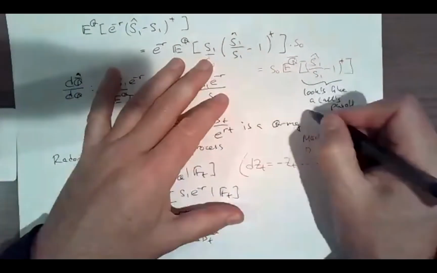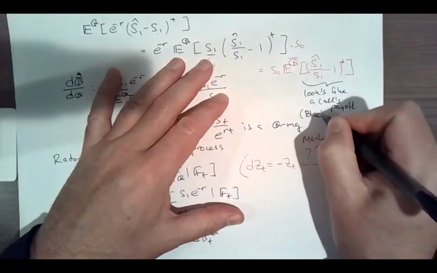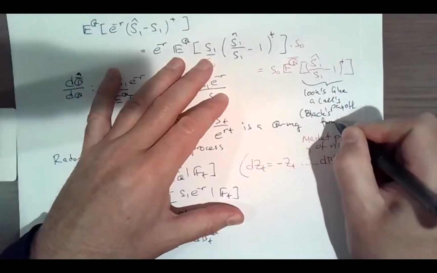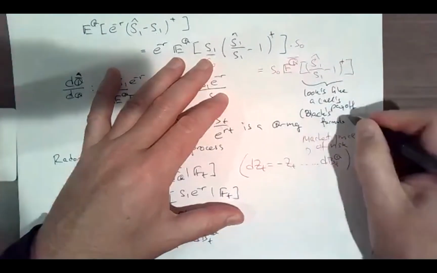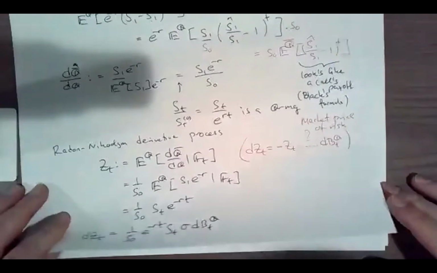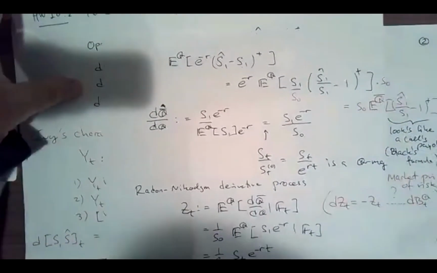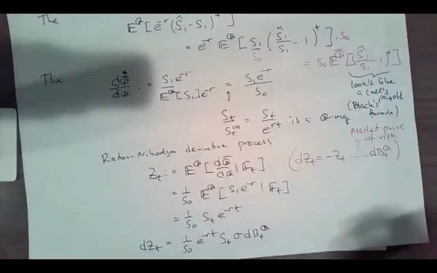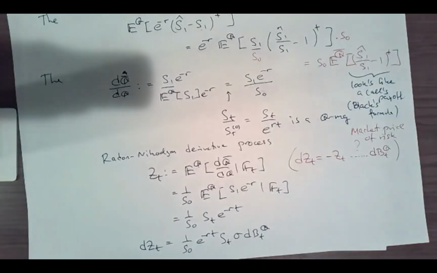So this is going to lead to Black's formula. Any other questions about this?